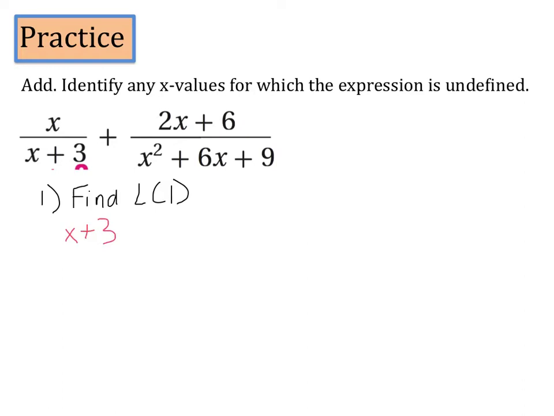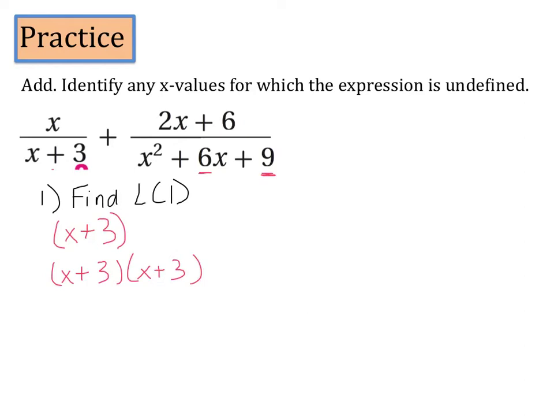It's hard to see the comparisons between x plus 3 and x squared plus 6x plus 9. But we can factor that second denominator. I want two terms that'll multiply together to give me 9 and combine to be 6. So actually 3 and 3 work out.